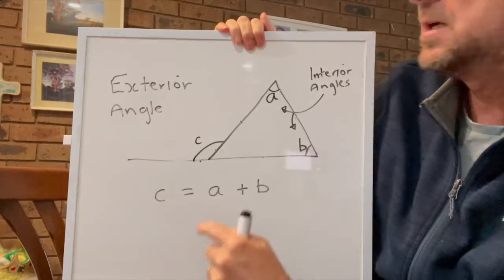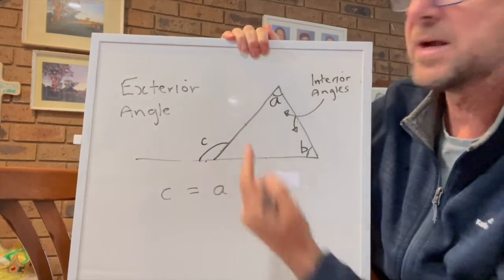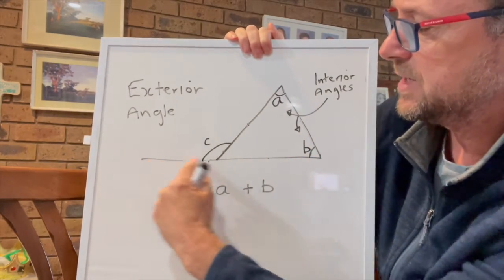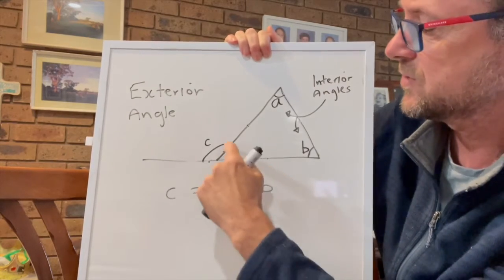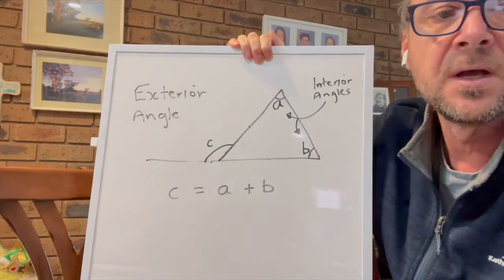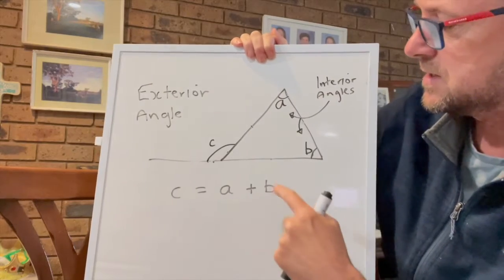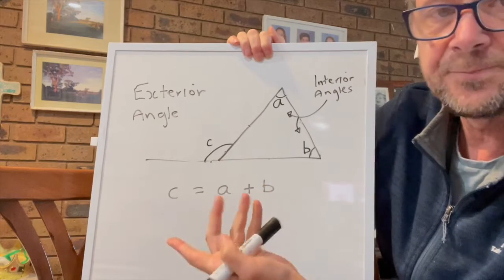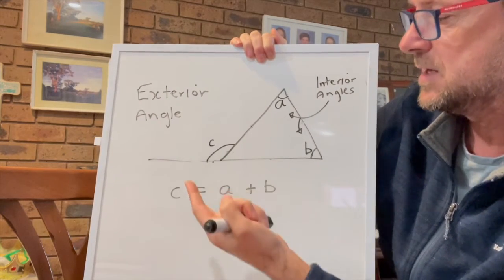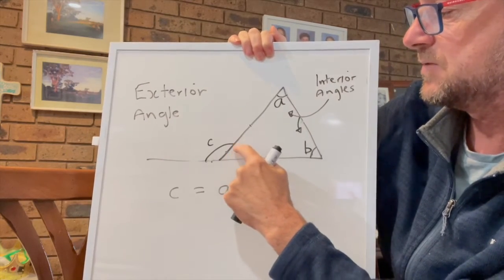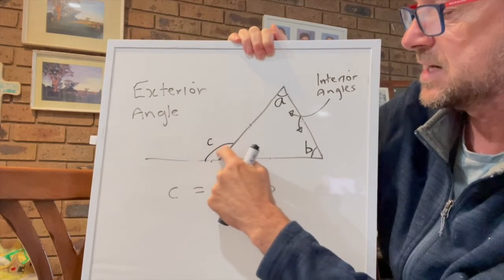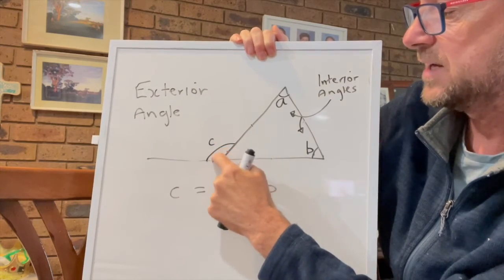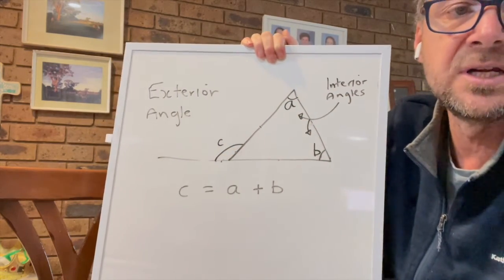Let's have a look at the idea of exterior angles and interior angles. So here's our triangle, and if we extend the line along the bottom here to create a line on the outside, it creates for us an exterior angle out here. And what we know is that the angle of a line is 180. So if this angle in here plus this angle on the outside equal 180, then in actual fact, the angle on the outside is equal to the two opposite interior angles.